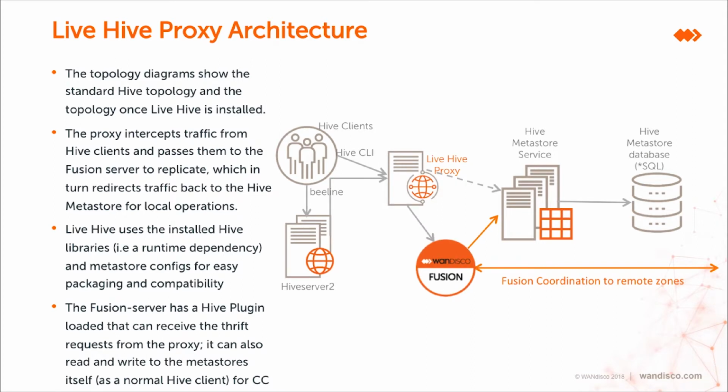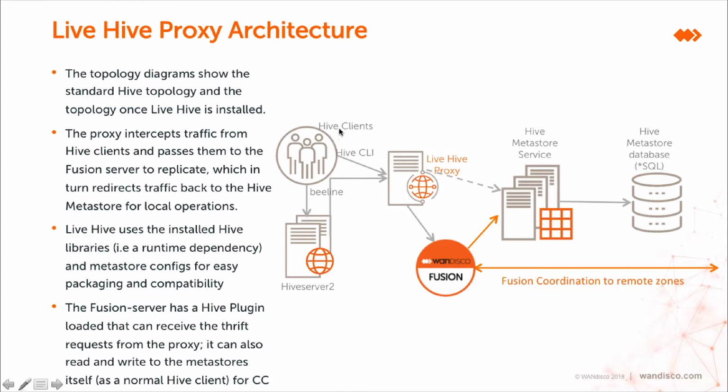The topology diagram shows the standard Hive topology and how it looks once the Live Hive plugin is installed. The proxy intercepts traffic from the Hive clients and passes it to the Fusion server to replicate, which in turn directs traffic back to the Hive Metastore for local operations.